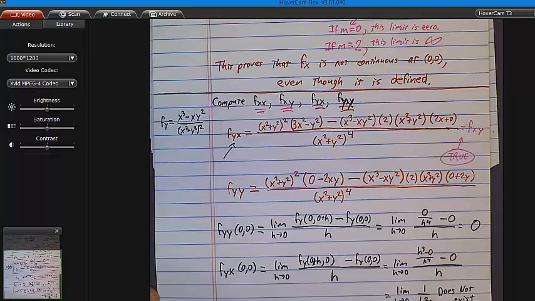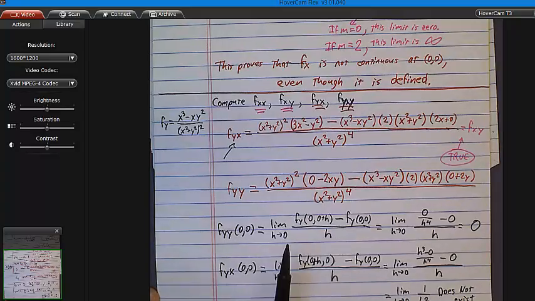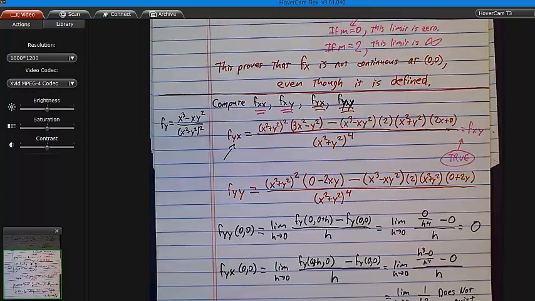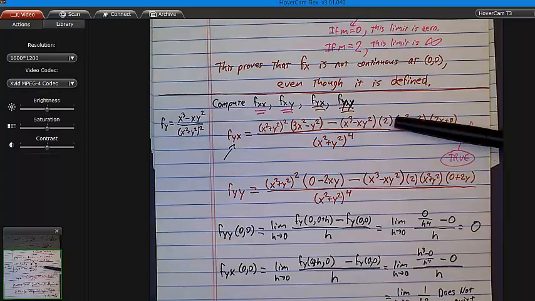Okay? So what's the take-home message from here? I mean, we did a lot of work. First of all, are you guys able to compute the formulas? You guys able to compute that? If you are, then you could probably do most of the functions we're going to deal with, because those are some pretty nasty quotient rules.